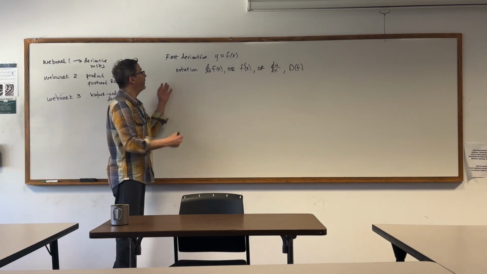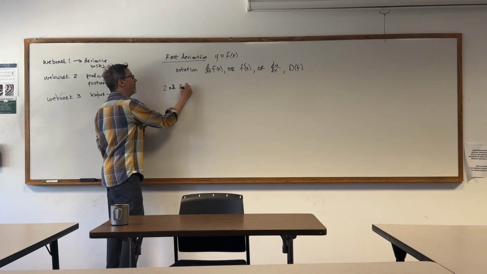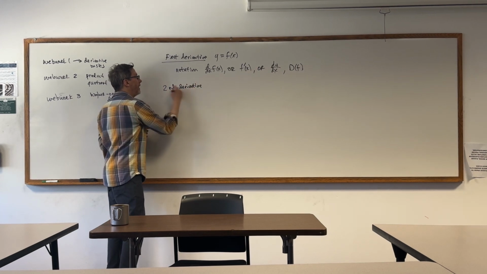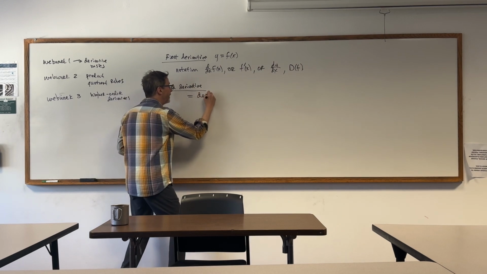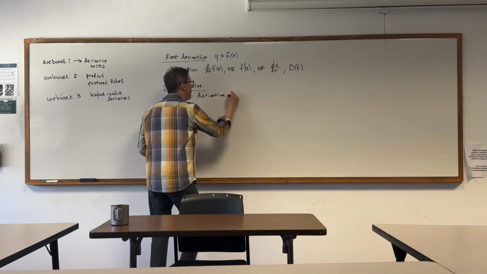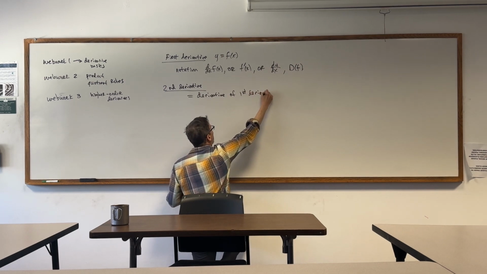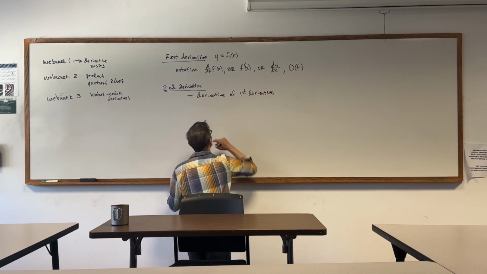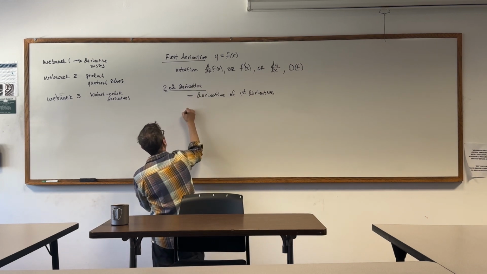So, this is the first derivative. The second derivative is the derivative of the first derivative. And you can just keep this process going forever and ever. And the notation is this. So it's a little bit different.